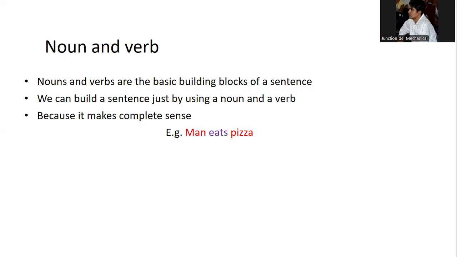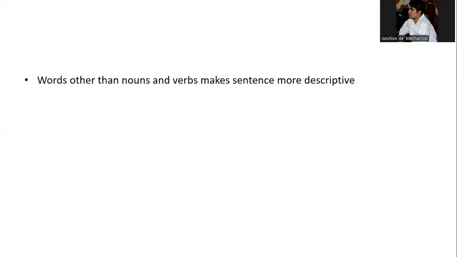So just by using nouns and verbs, you can easily make a sentence and it will make complete sense. Yet, words other than nouns and verbs are also required to make your sentence very descriptive.